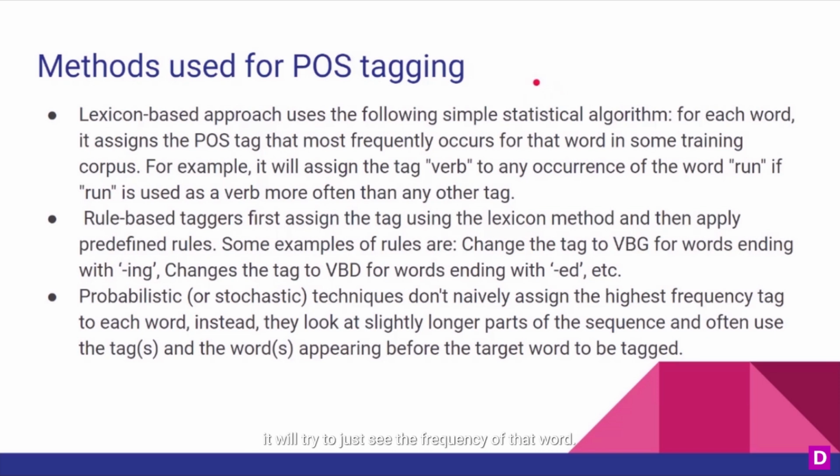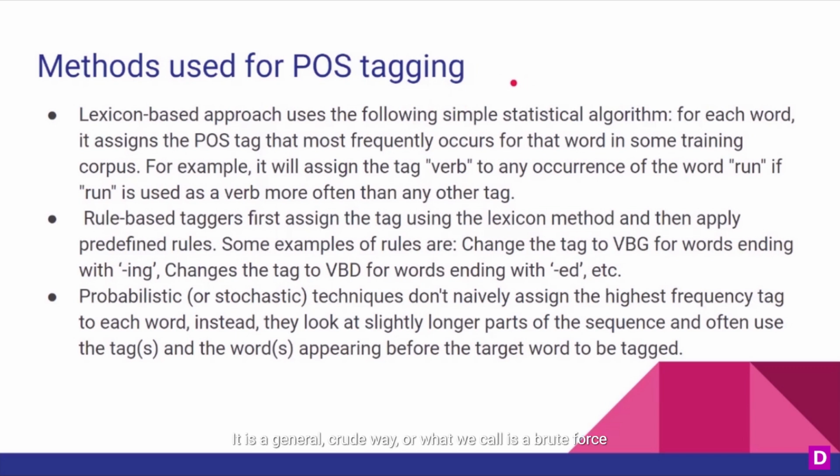It will just see what the frequency of that word him has been tagged with. Suppose the word him is tagged with pronoun all four times, it will directly take that POS tag as the right one, and directly tag that word him with the tag pronoun.